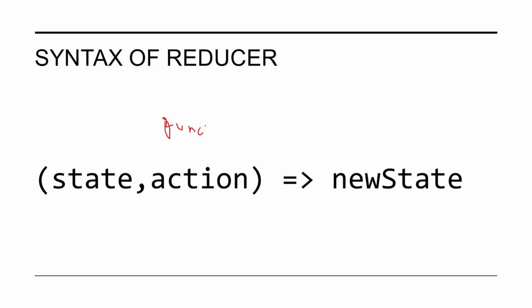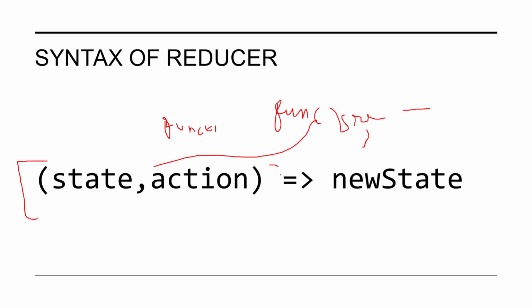Here you can mention these parameters, and then under that there will be the return keyword, which will return our new state. So first of all, what are the two parameters here? The first is state here.